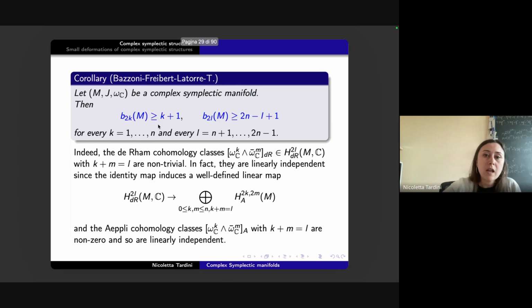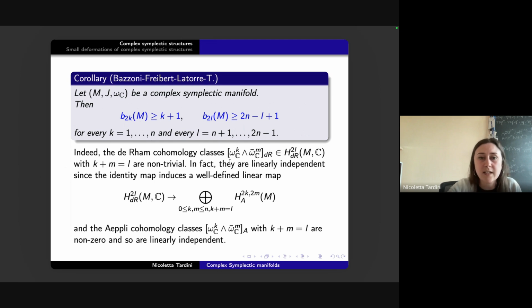Because what we are saying is that the rank classes, okay, so you take omega to the k, wedge omega bar to the m, this form gives a non-trivial de Rham cohomology class, okay? So this is closed, and by the previous result, it follows essentially from a Stokes argument, okay? So this is a non-trivial class in degree 2l, where l is just the sum of k plus m.